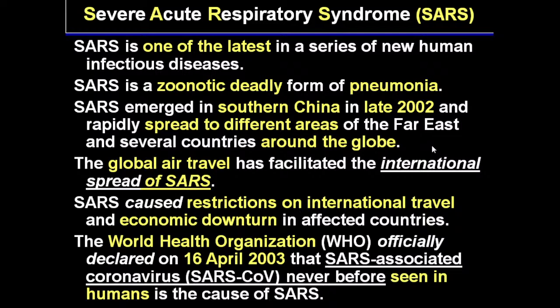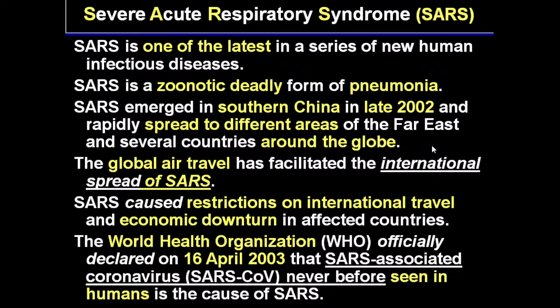Back in 2002, SARS caused very severe restrictions on international travel. Of course, they were not like the restrictions we have today. But at that time, it caused an economic downturn in affected countries.